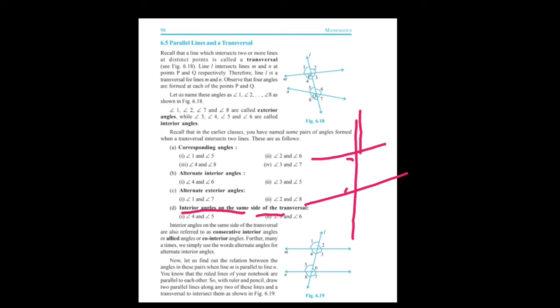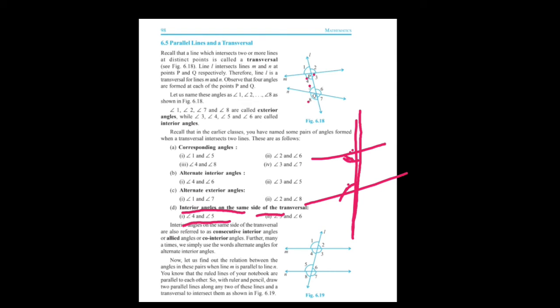Here this line is the transversal line, and here same side means both are on the same side. So these two angles are 4 and 5. Here in this figure, angle 4 and angle 5 are both same side transversal interior angles.